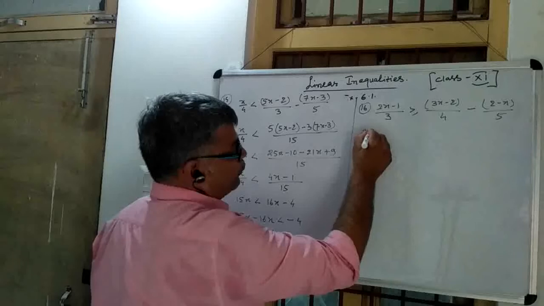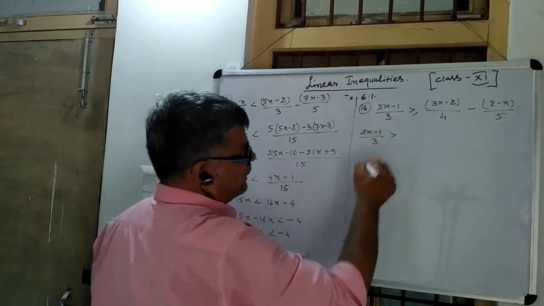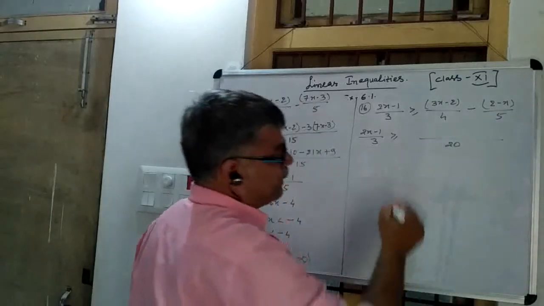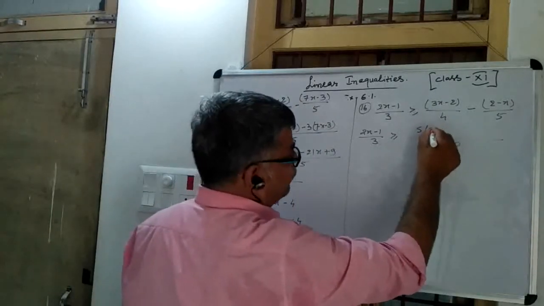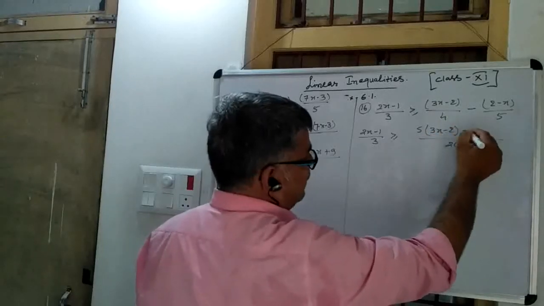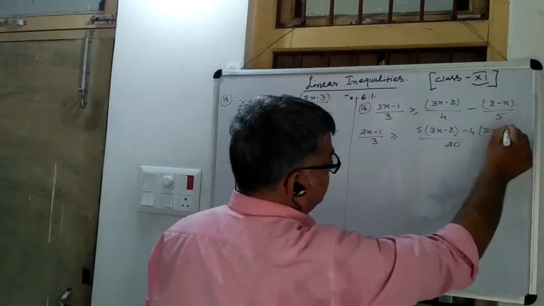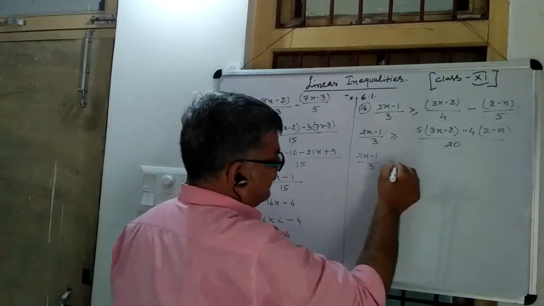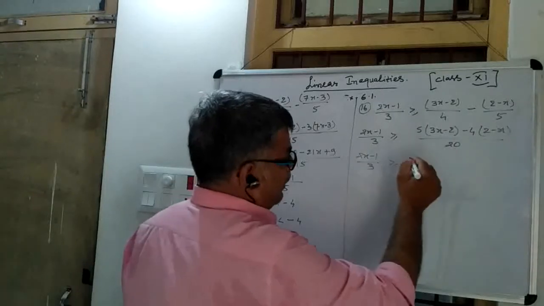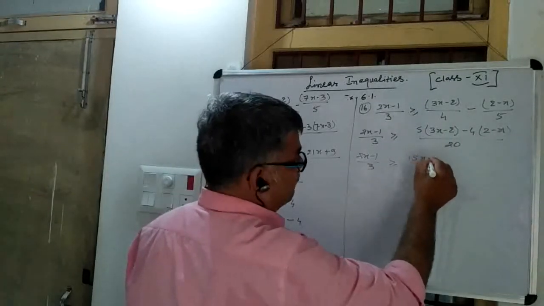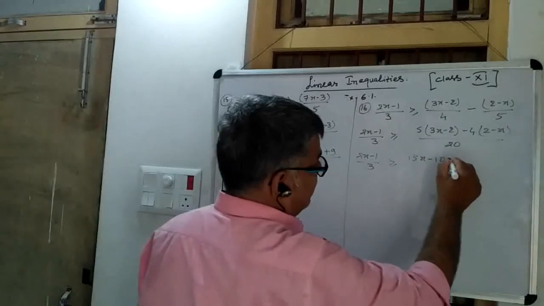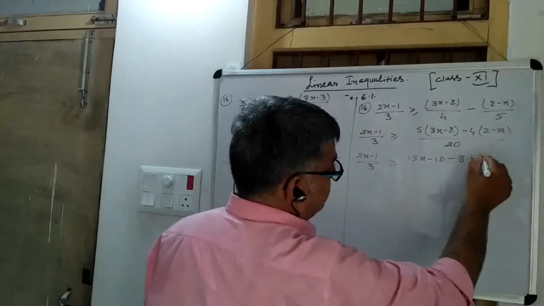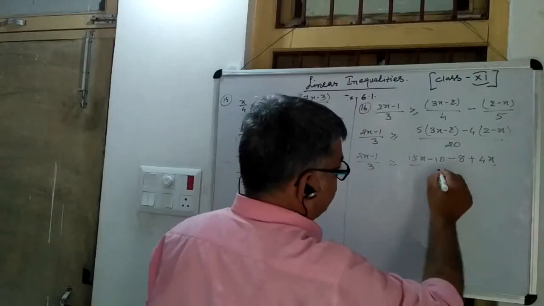So now it becomes (2x - 1)/3 ≥, taking the LCM of 4 and 5, which is 20, 5(3x - 2) - 4(2) - 4x... plus 4x by 20.